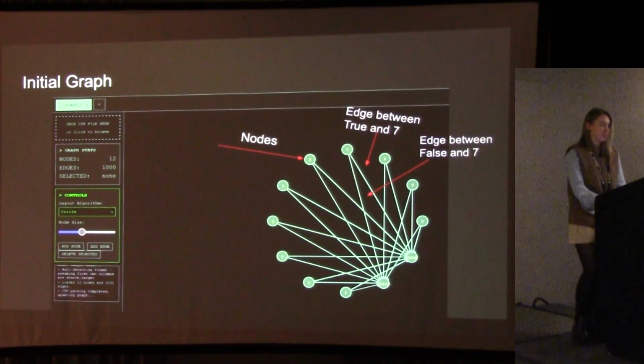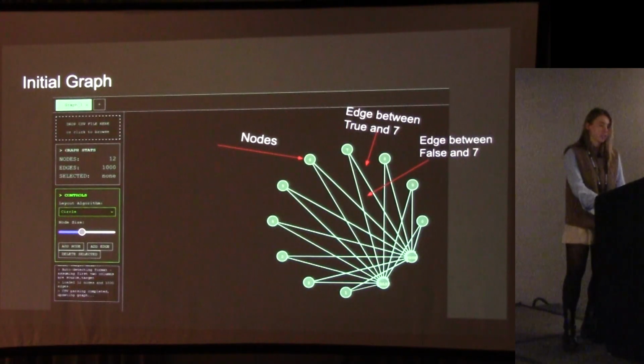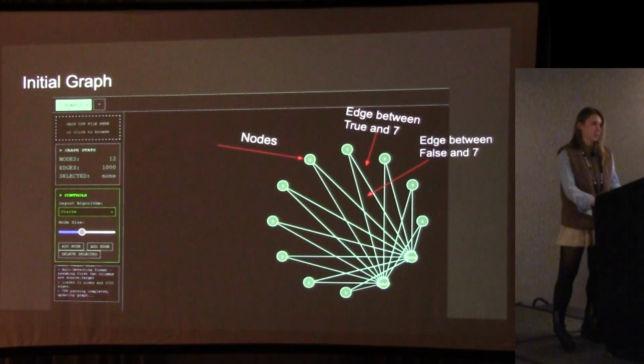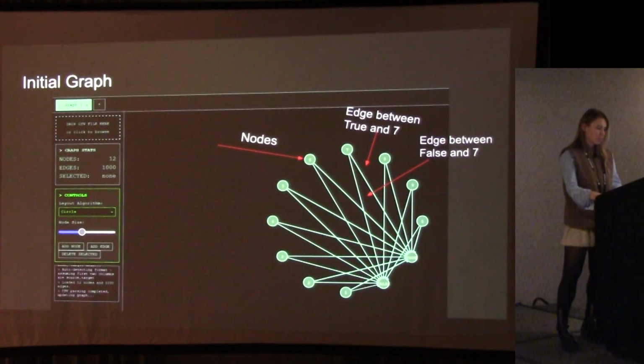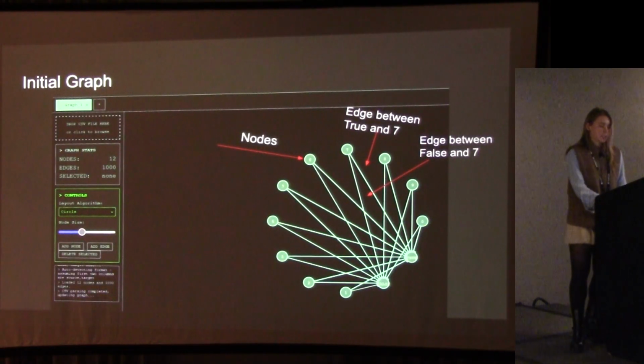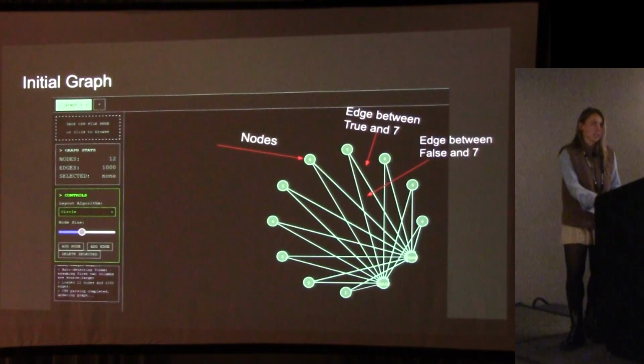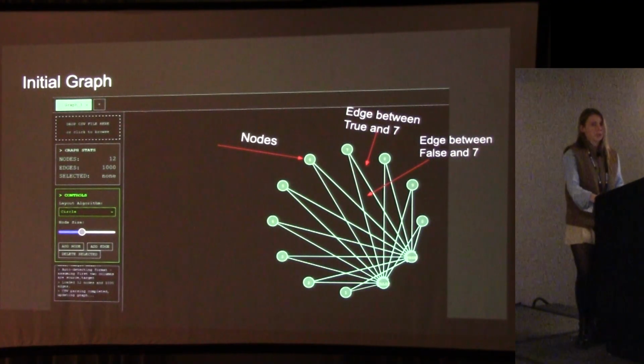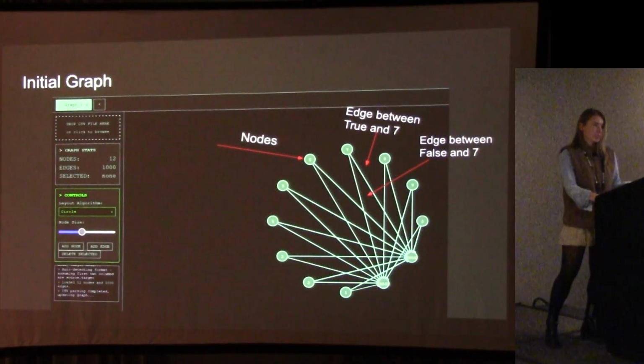For each picture in the model, an edge forms between true or false, depending on whether it was correctly identified by the model. You may notice that the connections between the digit nodes and true nodes are thicker than the digit and false nodes. This is because our model has been trained to correctly identify many more digits than incorrectly, thus increasing the amount of edges between the true nodes and the digits.